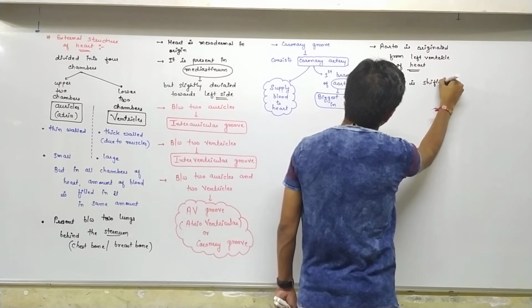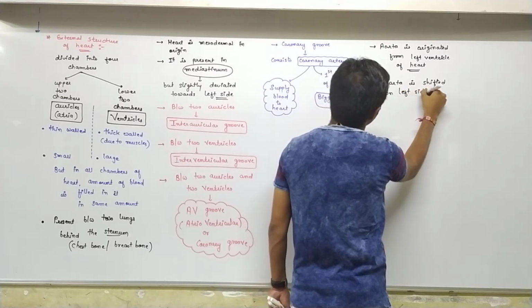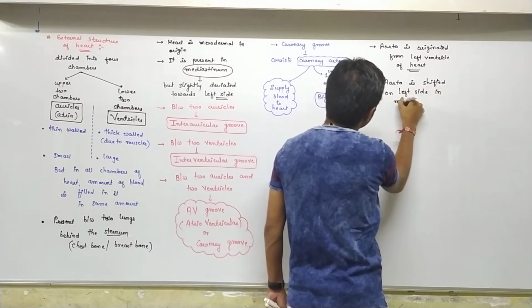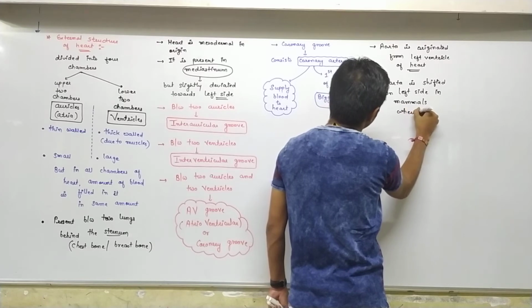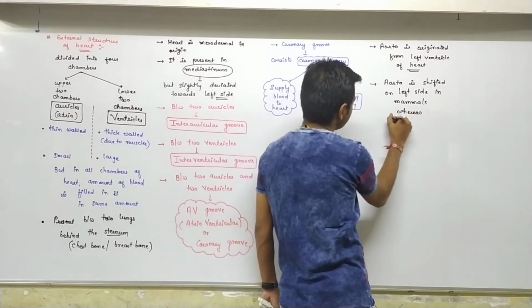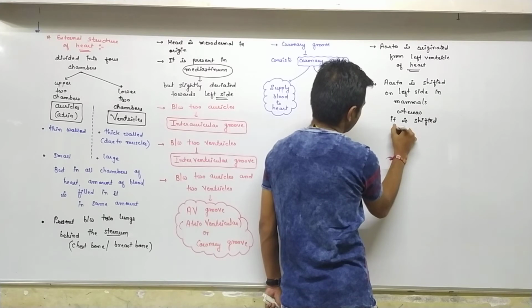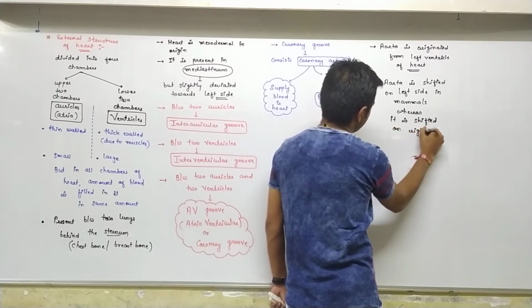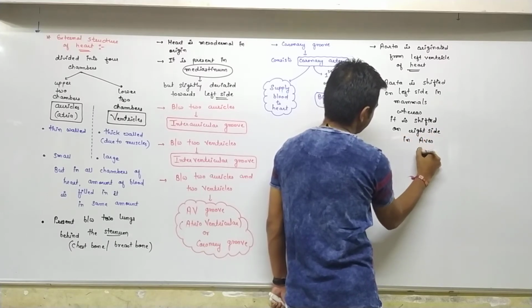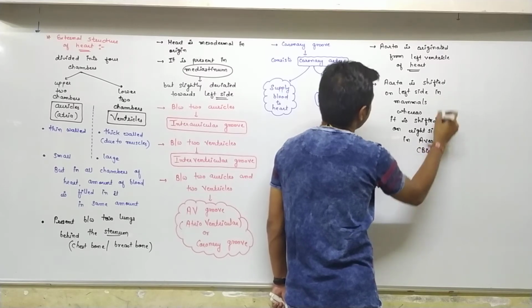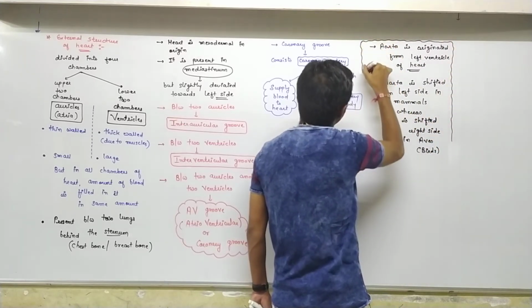Aorta is shifted on the left side in mammals, whereas it is shifted on the right side in aves, or you say birds. This is the extra point. Fine.